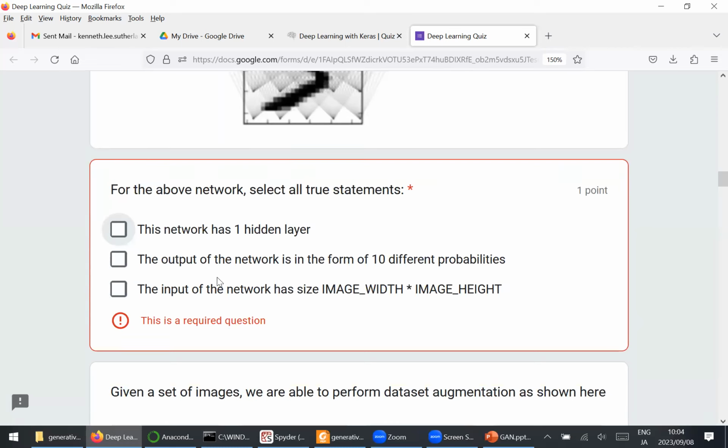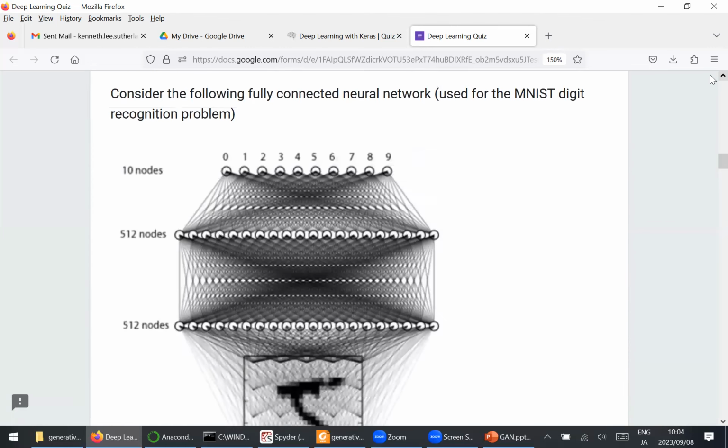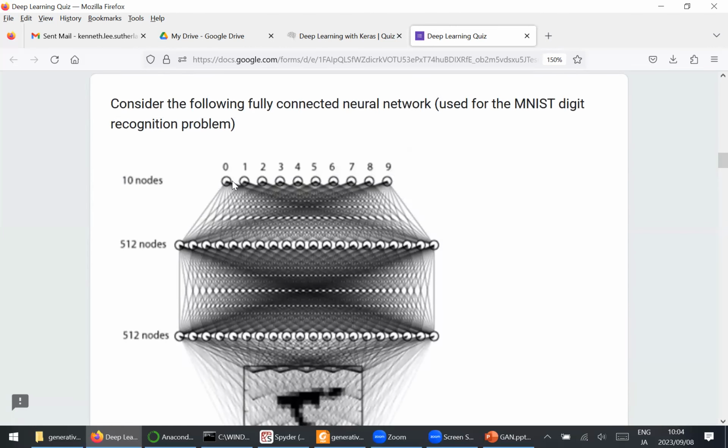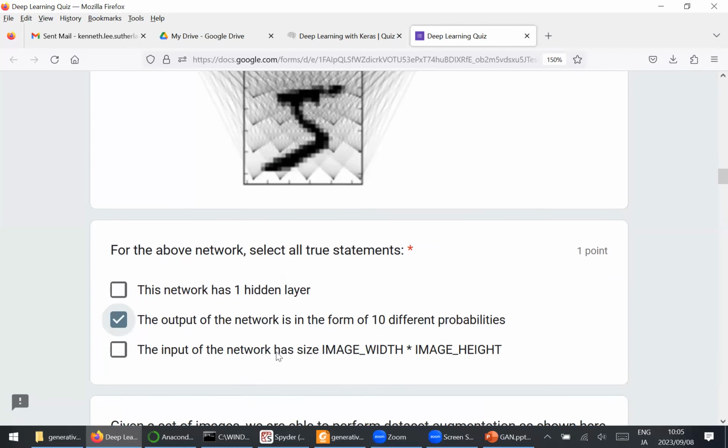The output of the network is in the form of 10 different probabilities. Right, so the output, well, if they use softmax, assuming that they apply a softmax, then I think this is true. The input is width times height in size. Yeah.